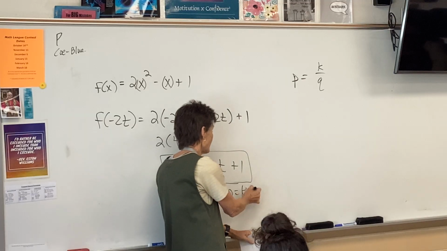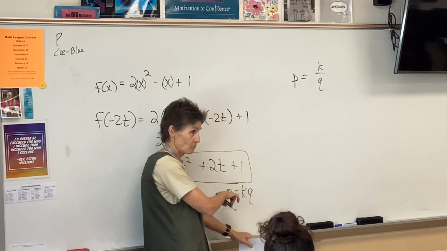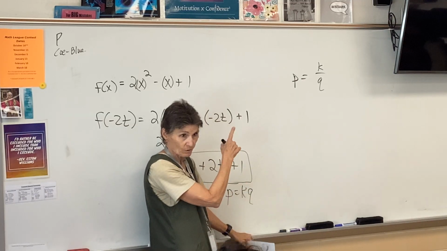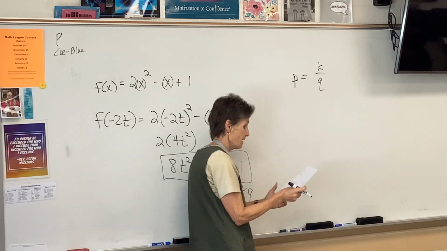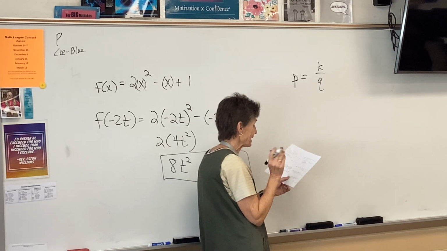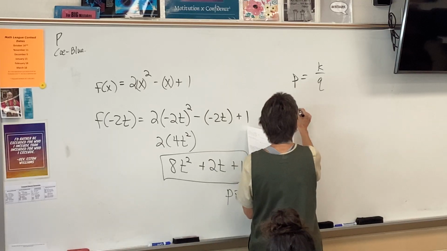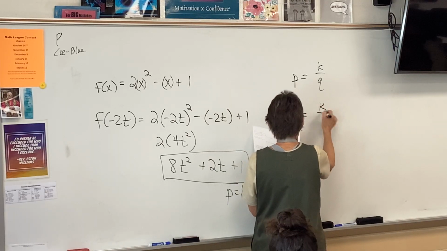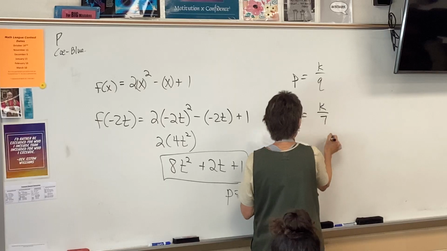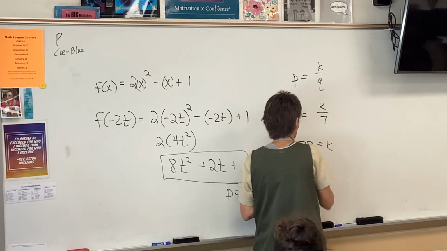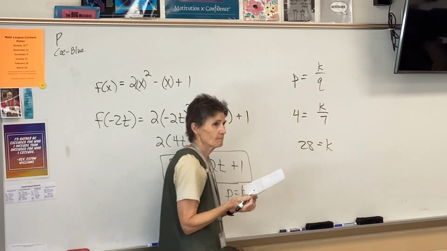P equals KQ. That would be direct. This is inverse. Find K when P is 4 and Q is 7. That's just 28, isn't it?